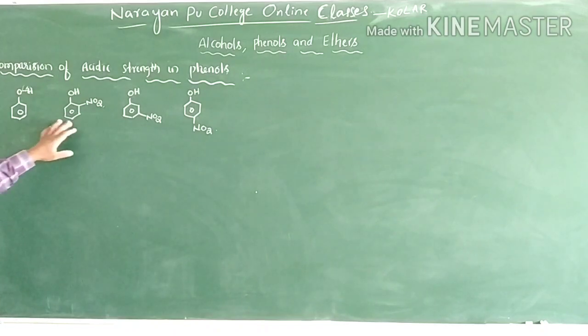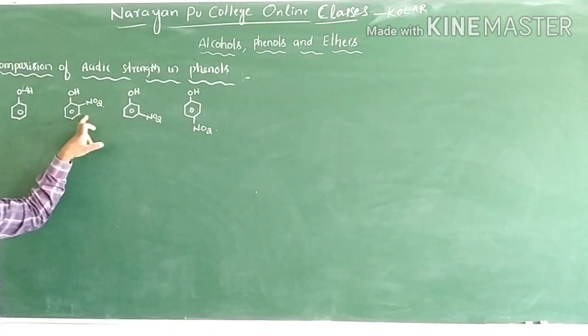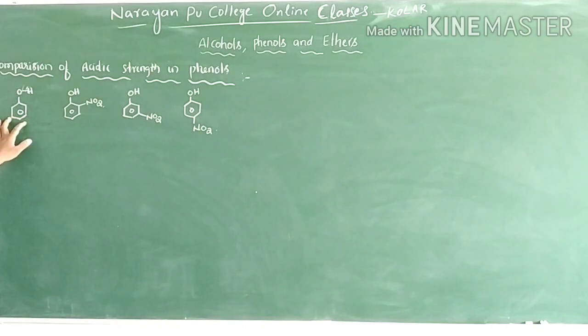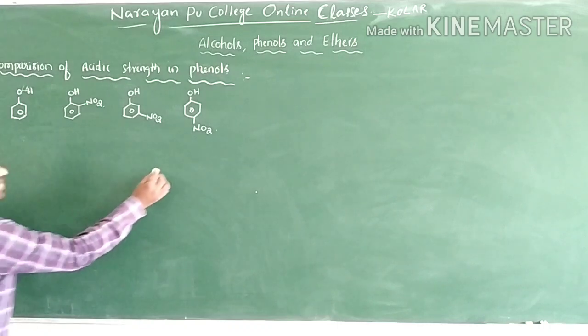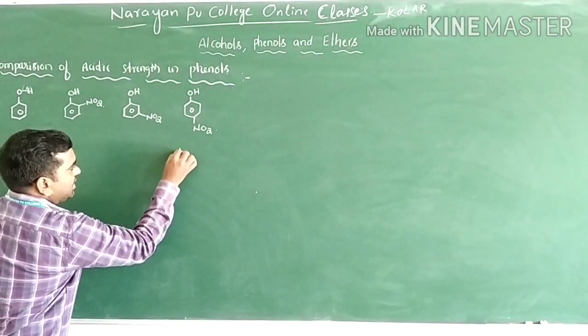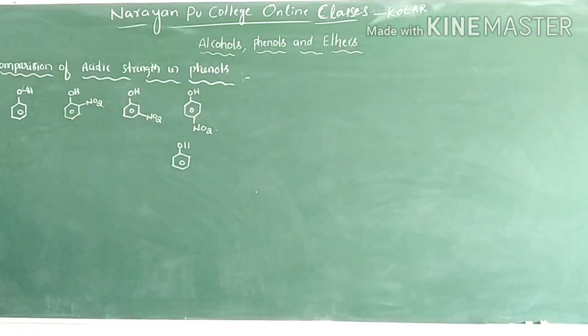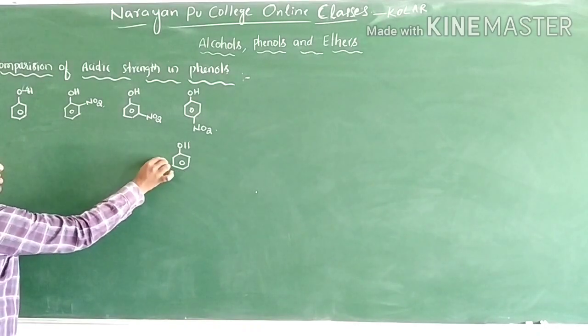Compared to these three, electron withdrawing groups are present, but in phenol there is no electron withdrawing group. So that's why phenol is the least acidic, because in the remaining cases electron withdrawing groups are there. Clear? Now phenol comes at last.